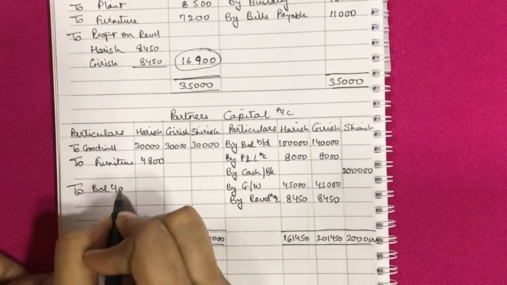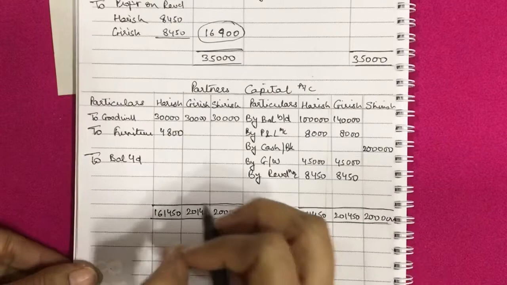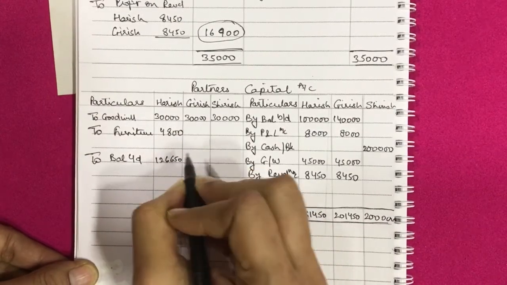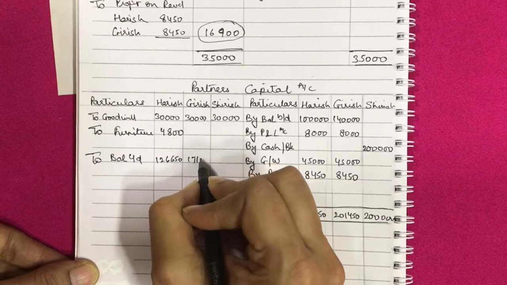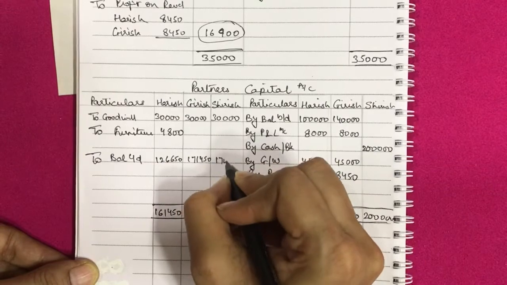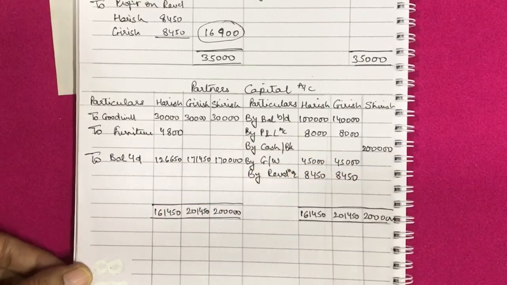To balance carried down, this is 126,650, this is 171,450, and this is 1,70,000. Now take these amounts to the balance sheet.